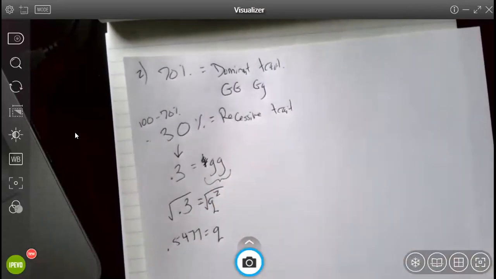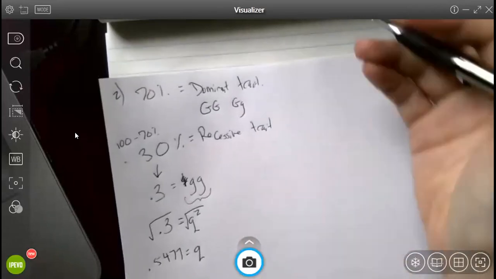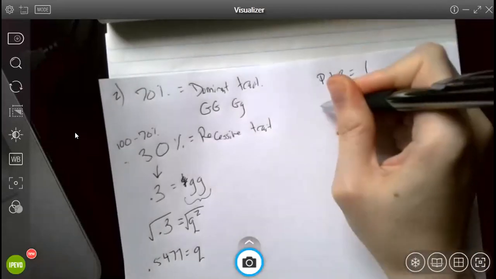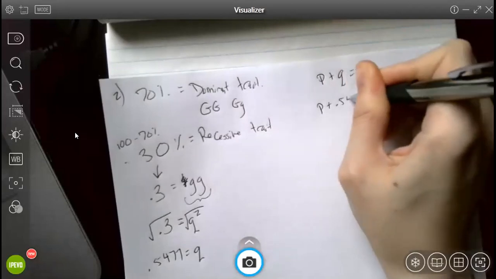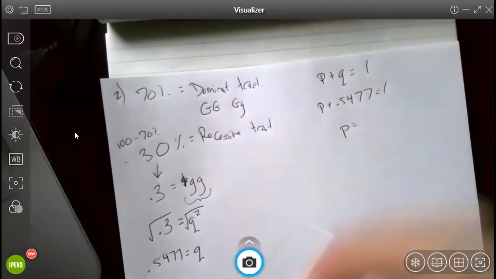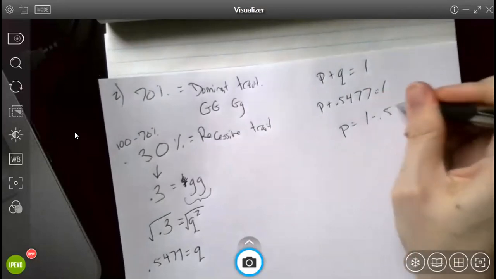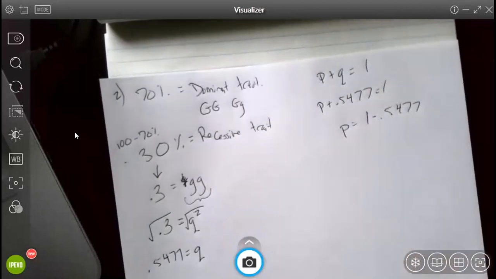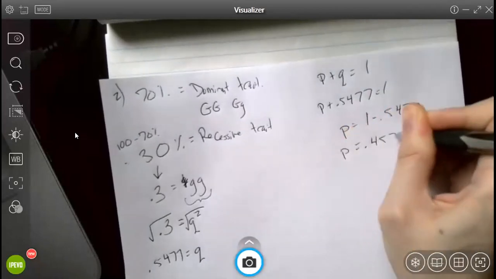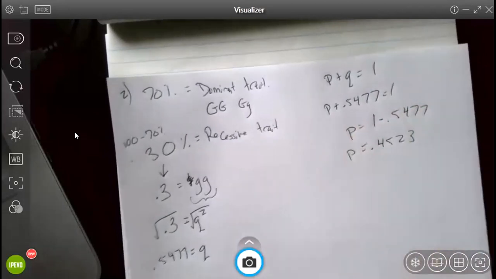Now that I have q, I can figure out what p is. So 1 minus 0.5477 is 0.4523.